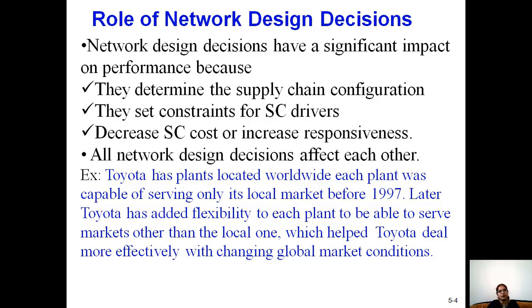This hurt the profitability of Toyota at that time. Later, after 1997, they added flexibility to their plants so that the plants could serve the global market along with the local market. This response to local as well as global markets, the addition of flexibility, changed the profitability of Toyota and its effectiveness as well.